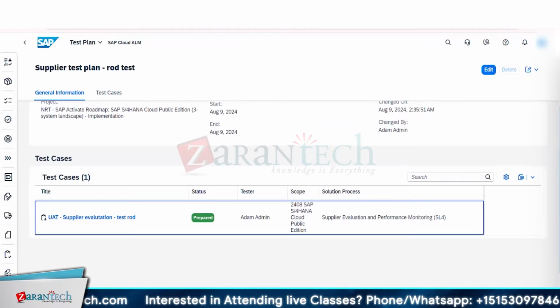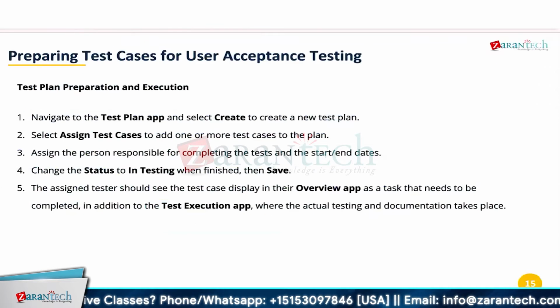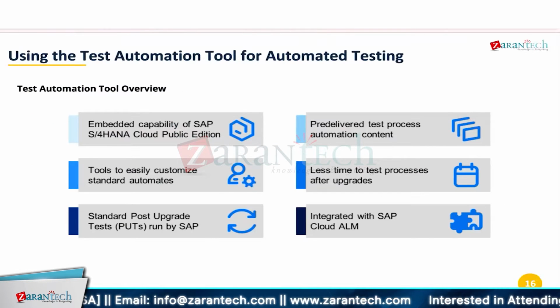So if the tester goes into his launchpad overview screen, this will come as a task to that particular person. And the next is we will be able to see the same thing in the test execution app where the actual testing and documentation take place.